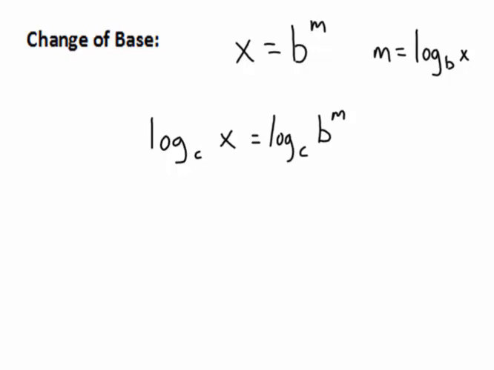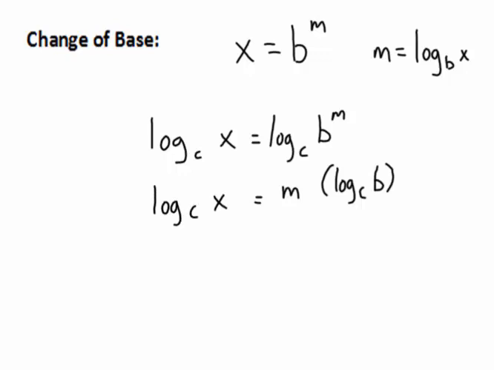Now, we can use our rule for powers. That m will actually come down in front. And we'll say it's log base c of b times m is the same as log base c of x.